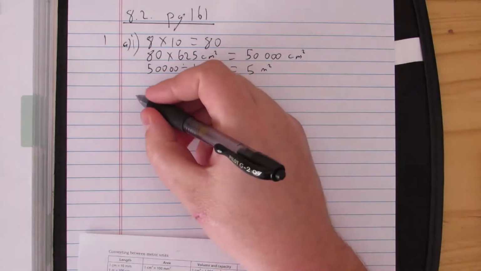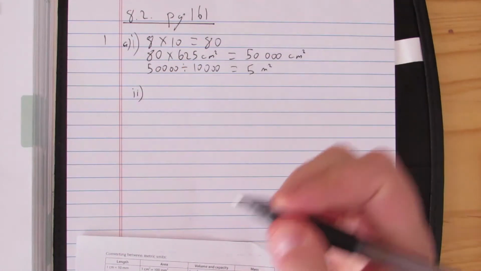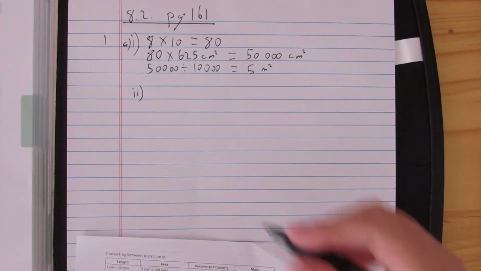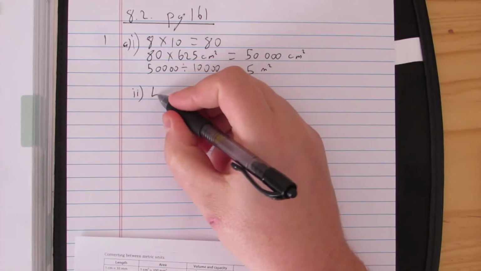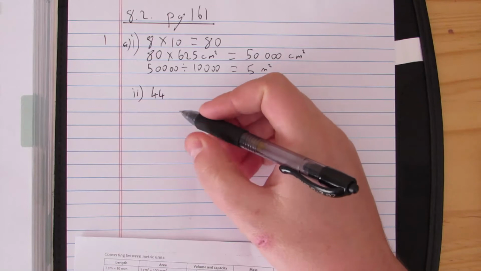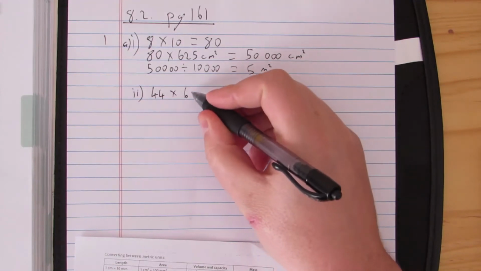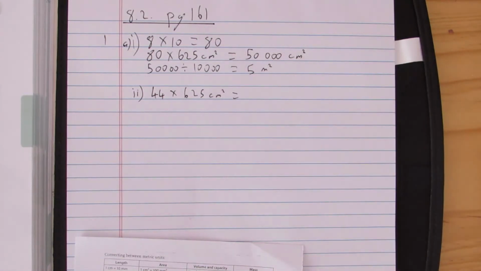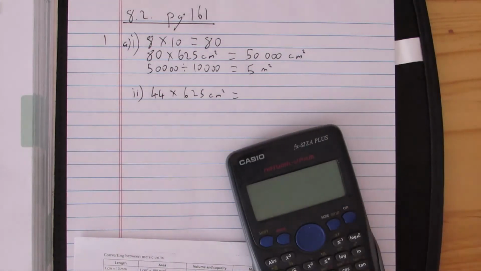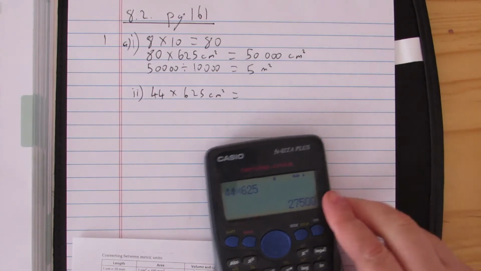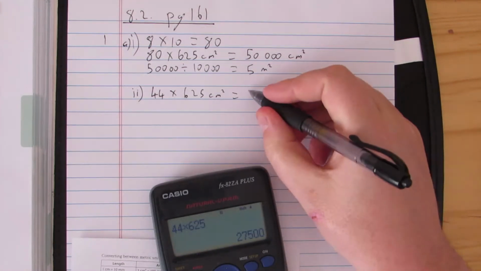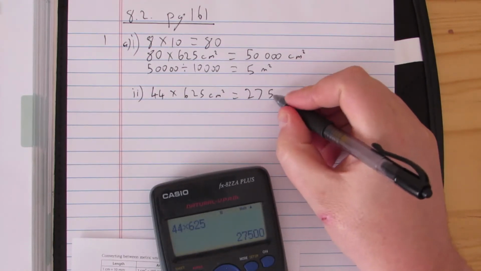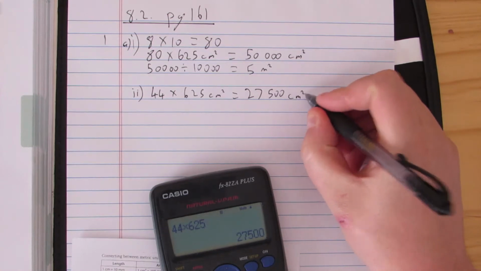Now if I count up the number of shaded blocks on this, we're not going to pull out the book again, we have 44 blocks that have been shaded. If each of those blocks is 625 centimeters squared, then let's work this out quickly: 44 times 625, we have 27,500 square centimeters.